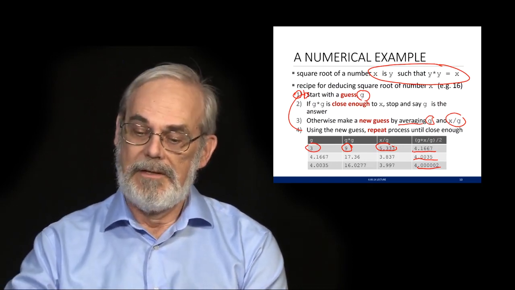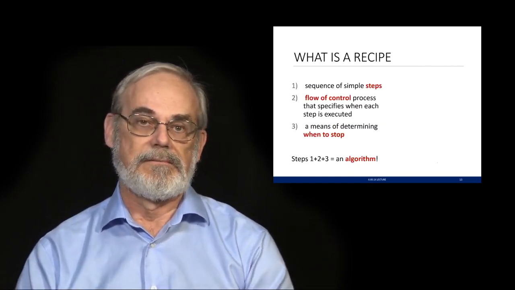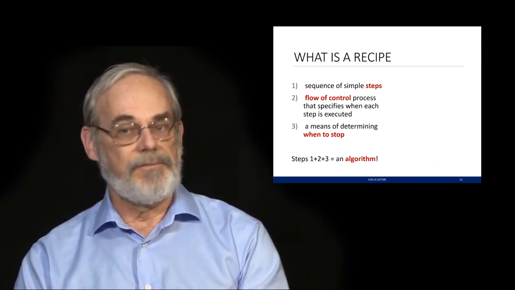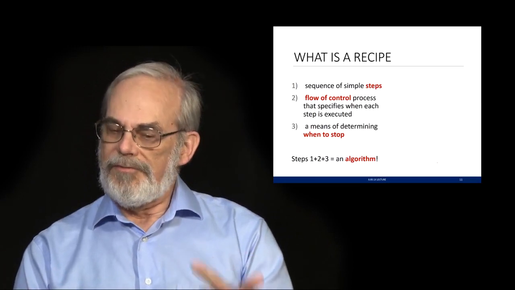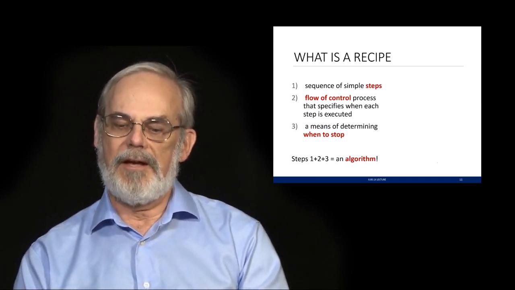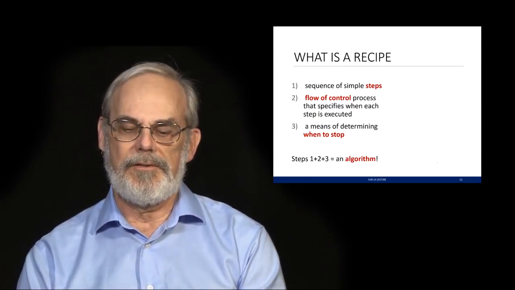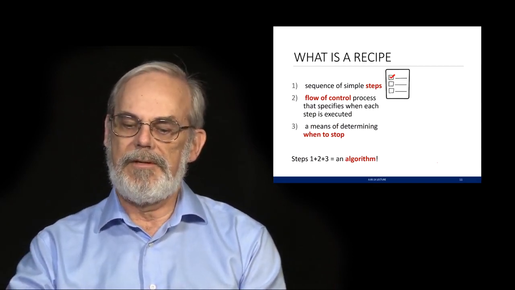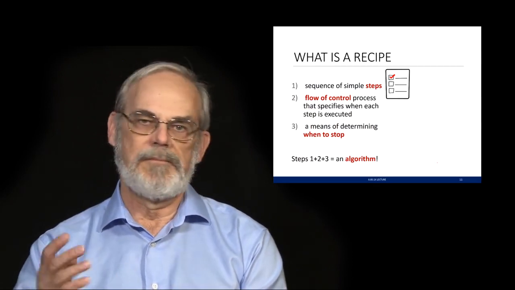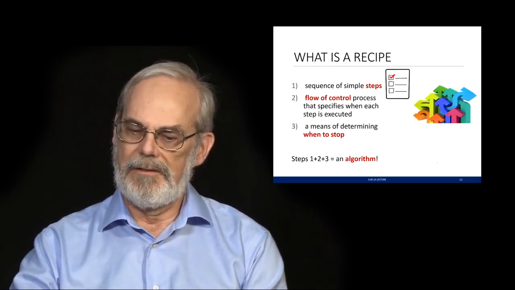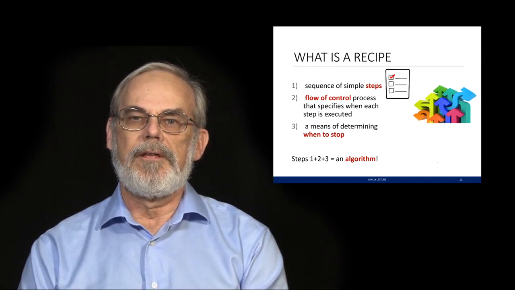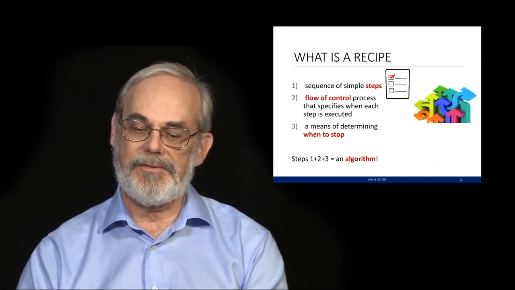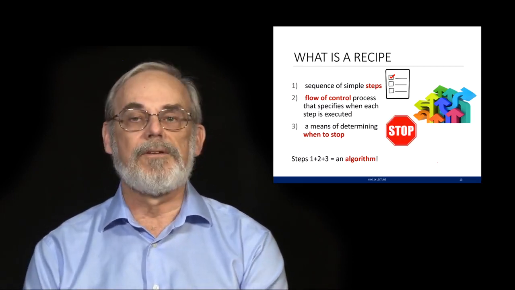It's a little recipe, and let's capture those pieces together. What's a recipe? Three pieces. It's a sequence of simple steps. It's a flow of control, a process that tells us in what order to execute the steps, and it gives us a way of deciding when to stop. So those three pieces: simple steps, a sequence of things I want to do, a checklist; a flow of control, something that tells me when to go to the next step and when to jump to some other place in that sequence of steps; and a way of deciding when to stop.